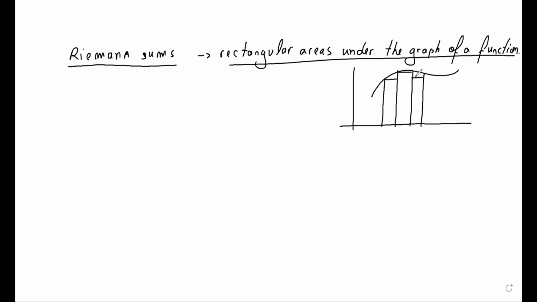Now this is not particularly a good rigorous definition, but it gives you at least an idea of what's happening here when we calculate these areas from A to B. Let's say A and B are some numbers on the real number line on the x-axis. All right, so this is a Riemann sum.